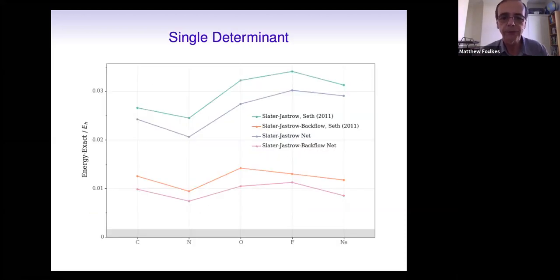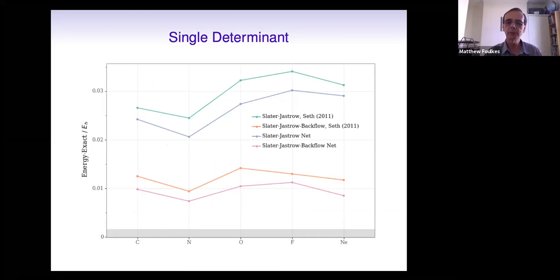So here are some results. This is a single determinant calculation. None of our results here use a neural network yet, well, at least not a FermiNet. But this teal line at the top is a conventional Slater-Jastrow calculation done well for various atoms in the first row of the periodic table. This blue line below is when we built a neural network to do exactly the same thing as a Slater-Jastrow calculation.